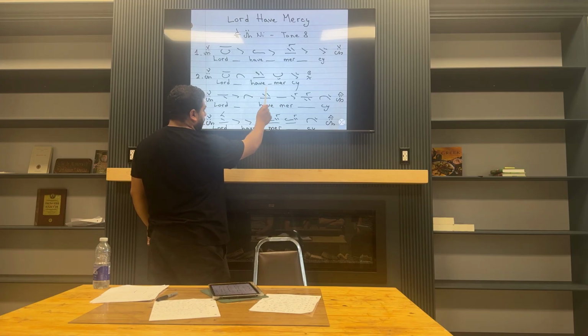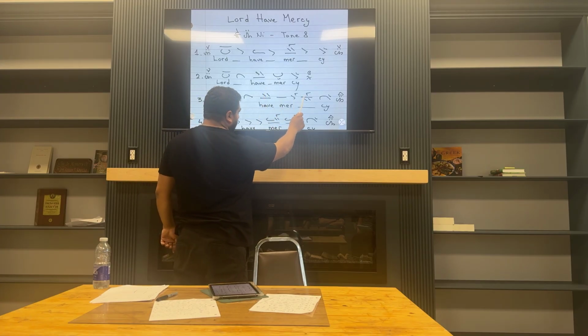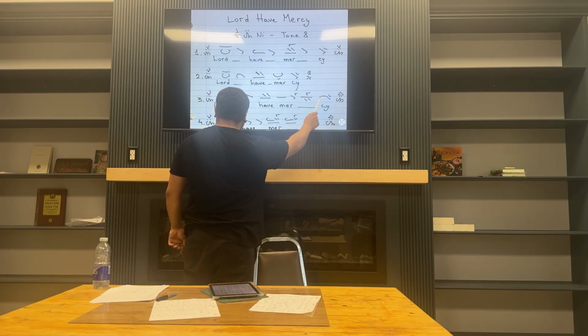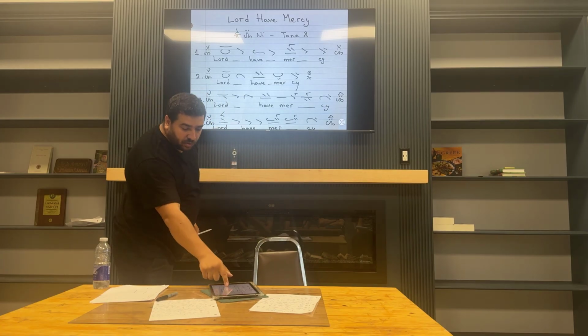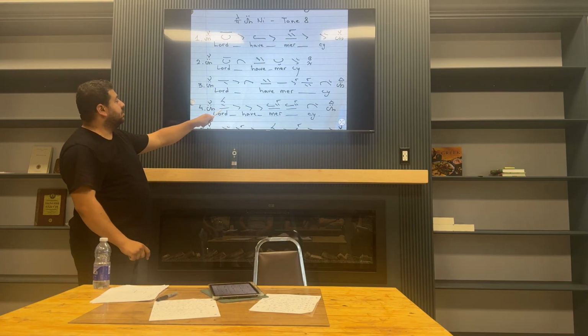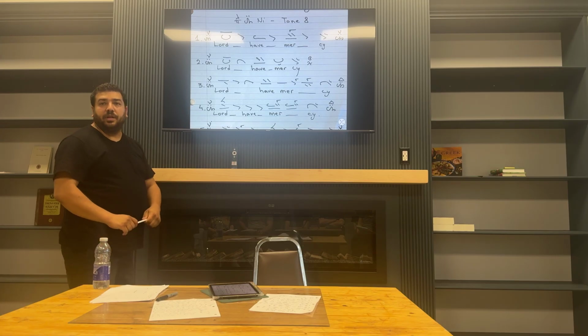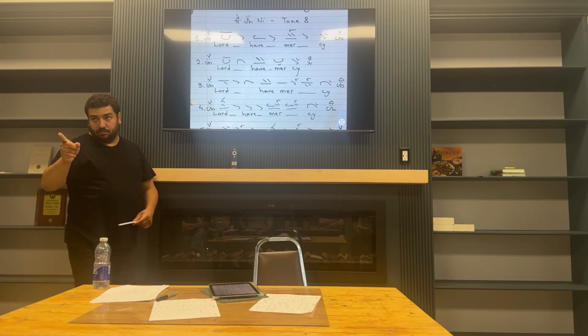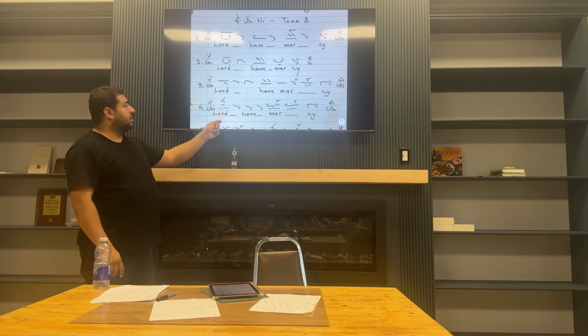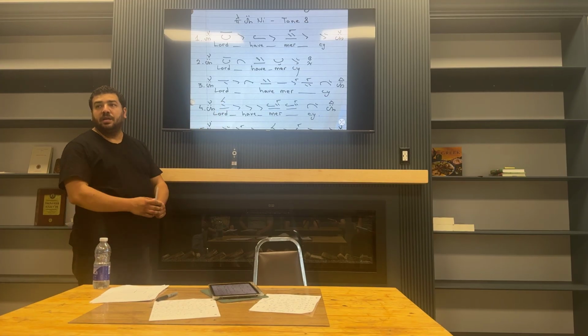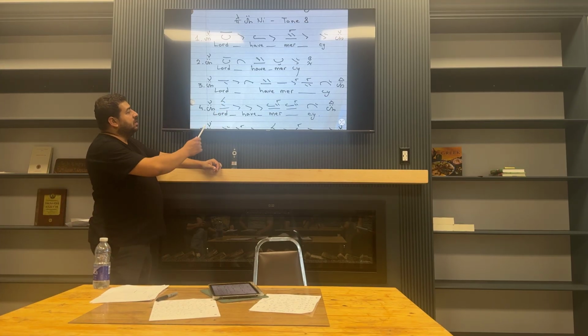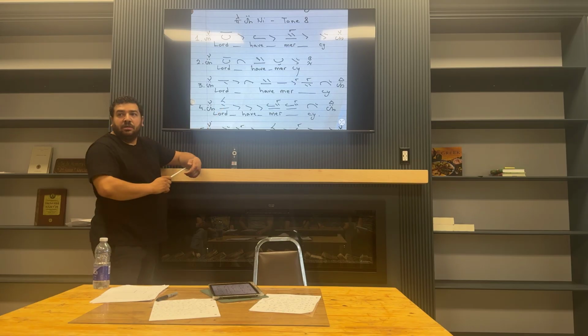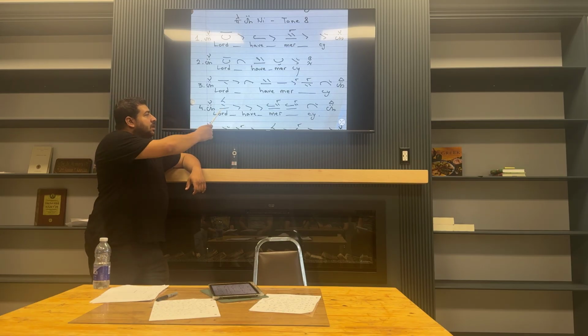Lord, have mercy. Who can tell me what this sign is? What combination is this? 7, correct. So we have the 3 and the 4. That goes 7. So from ni, that will go to ni.